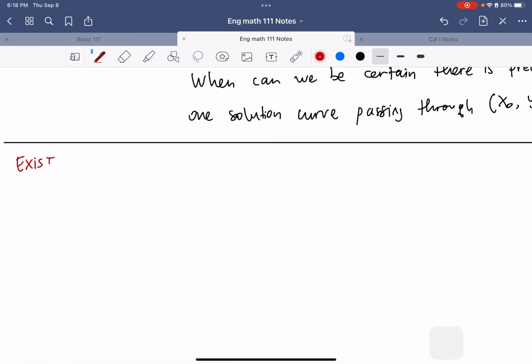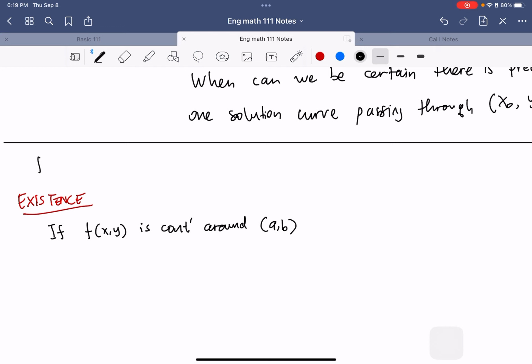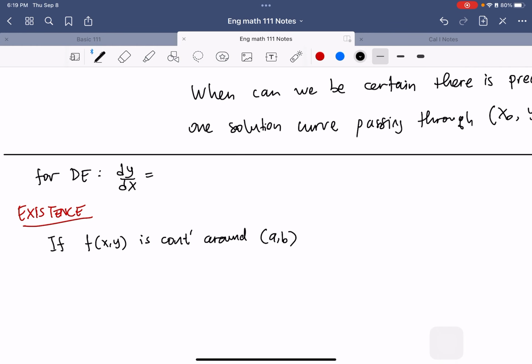Existence. Related to existence: if a function is continuous around, let's say, the point (a, b), or maybe before this, let me write some assumption here for dy/dx equals f(x, y). It's actually the same thing here, just to make sure that we are on the same page.